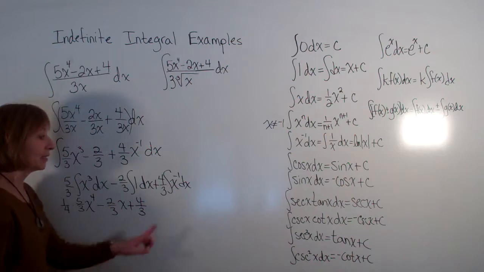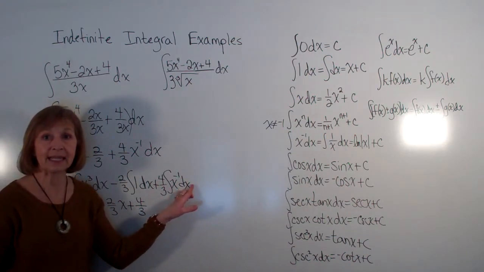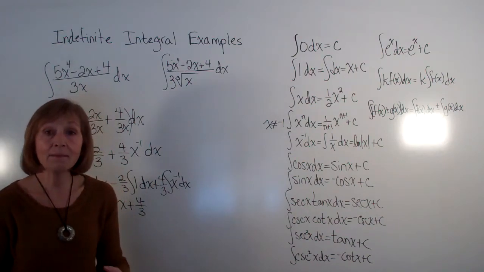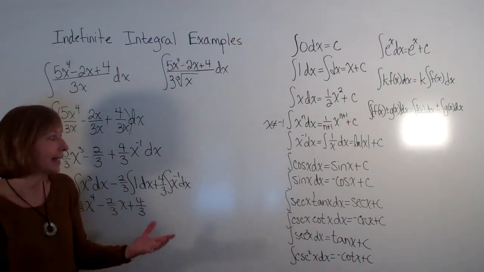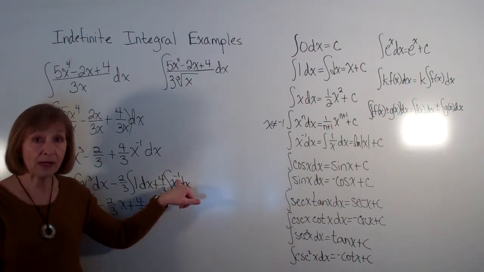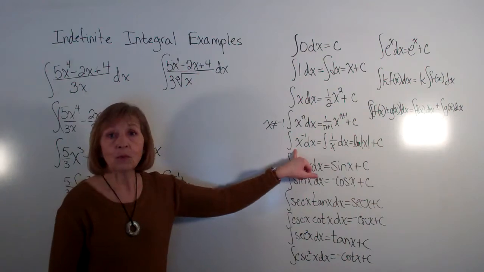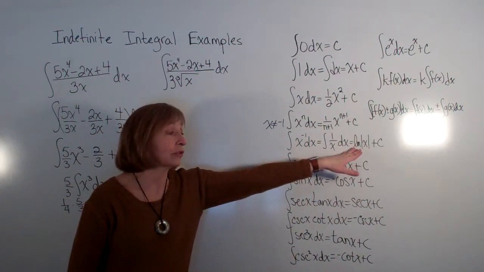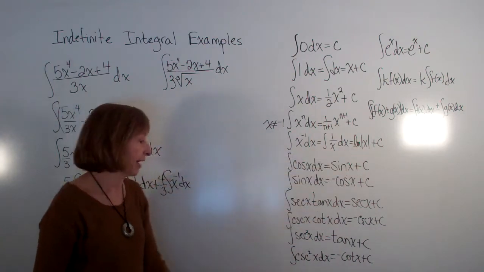4/3 times the integral of x to the -1 dx. See, I can't add 1 to the exponent and divide by that because that would make me divide by 0, and we can't divide by 0. So what do we do when our exponent's -1? Well, the integral of x to the -1 dx goes back to the natural log of the absolute value of x.